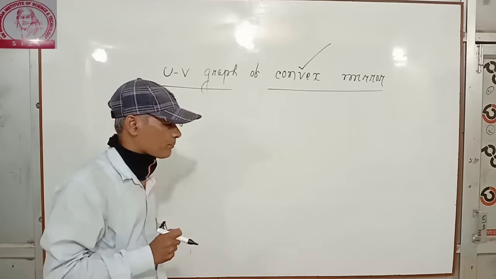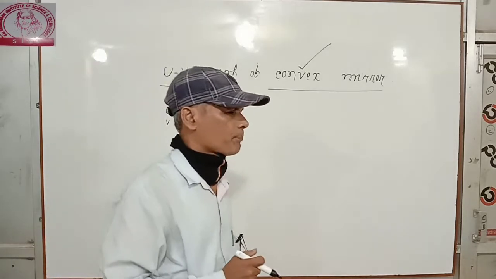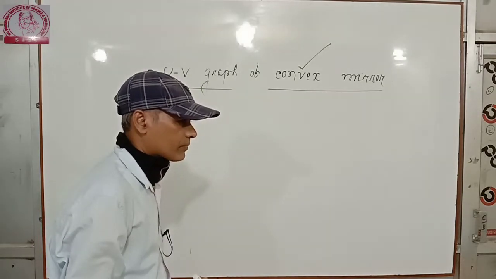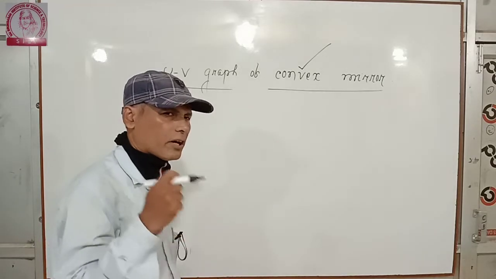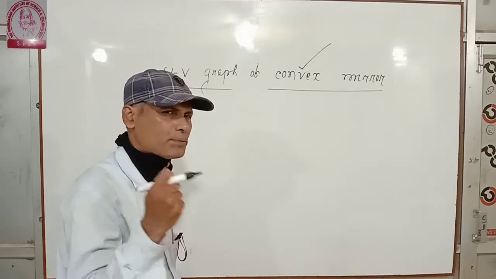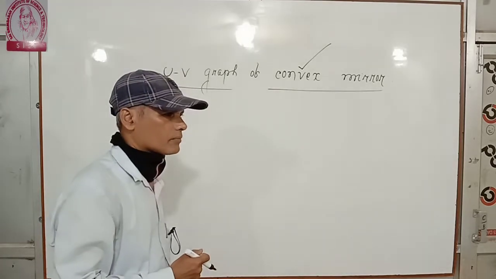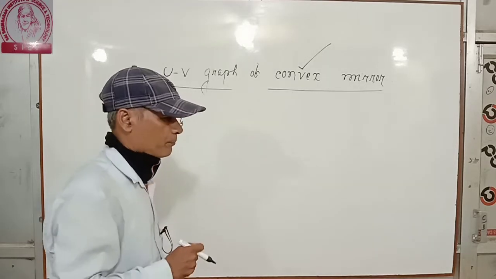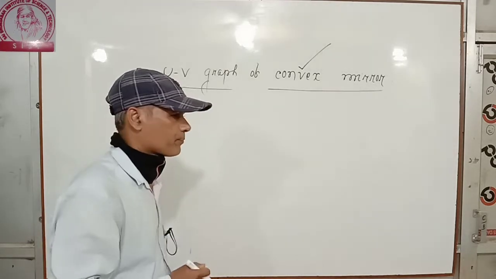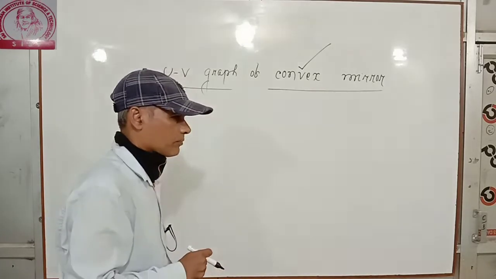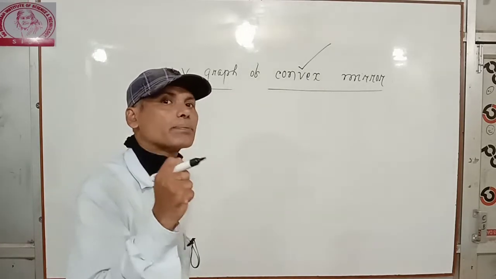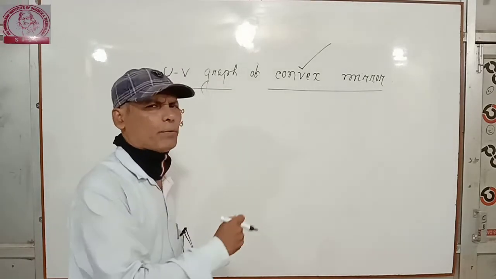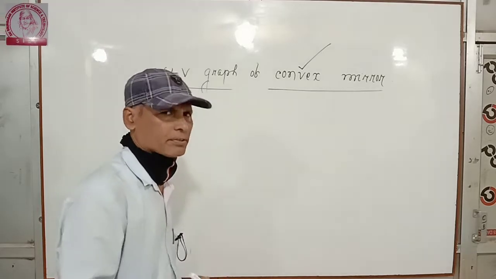You will see there, in all cases, in case of a convex mirror, the image position exists within pole and principal focus. That means the maximum value of V is small f.